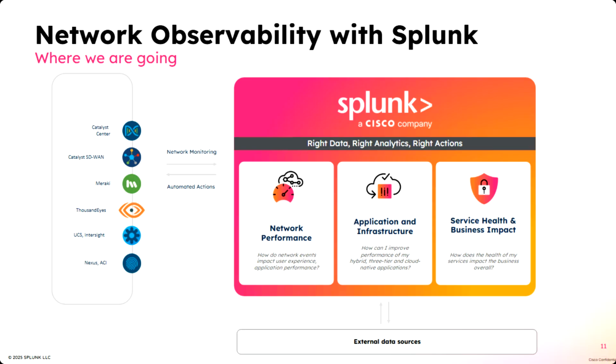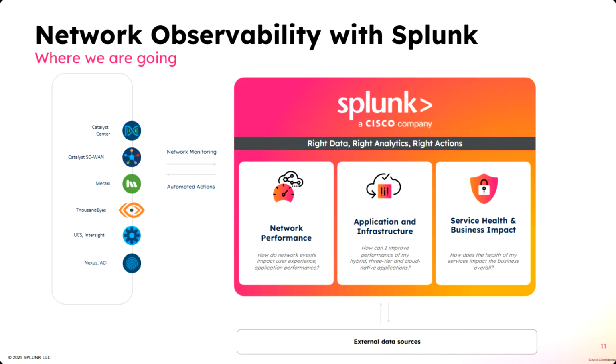And now with Splunk, we have the ability to bring this data into Splunk and serve 3 distinct sets of use cases. One, network performance monitoring: how does a network event impact the user experience or the applications running on top of that network? Second, how do I improve the performance of my application and the infrastructure?